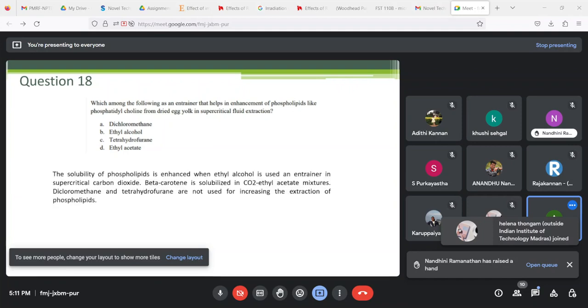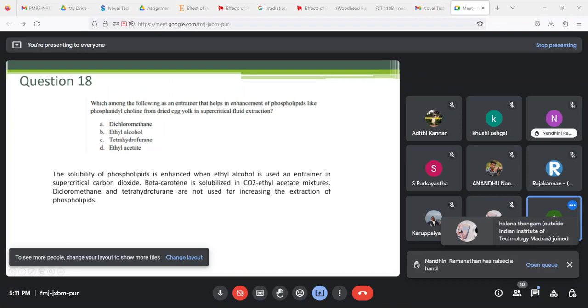In this case, to enhance the solubility of the phospholipids and cholesterol as well, ethyl alcohol is often used as an entrainer along with supercritical carbon dioxide. So carbon dioxide is often mixed with ethyl alcohol, and this helps in the enhancement of extraction of phosphatidylcholine, cholesterol, etc. Ethyl acetate is used with carbon dioxide to solubilize beta carotene.